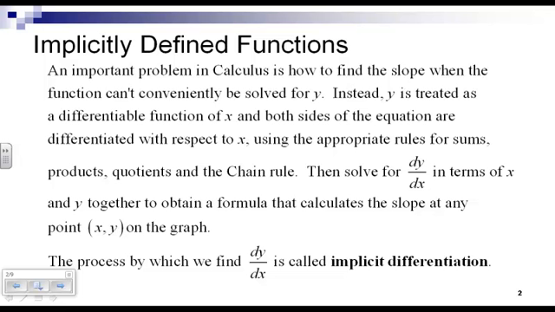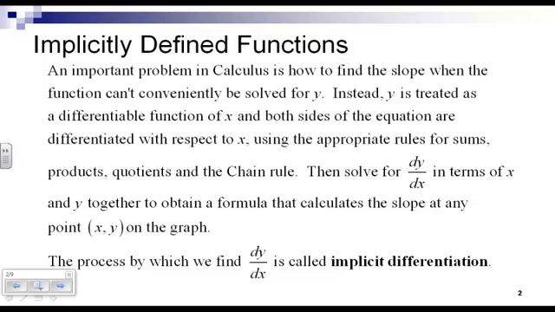So, when we do that, all sorts of interesting things happen. We are going to take the derivative of y, even though we haven't solved for y. And every time we have to take the derivative of y, we know what it's equal to. The derivative of y is dy dx, because we're going to treat y as a variable and as a function of x at the same time.